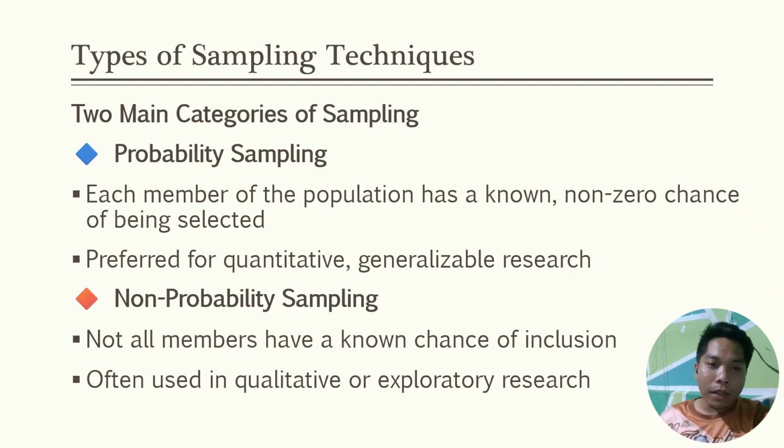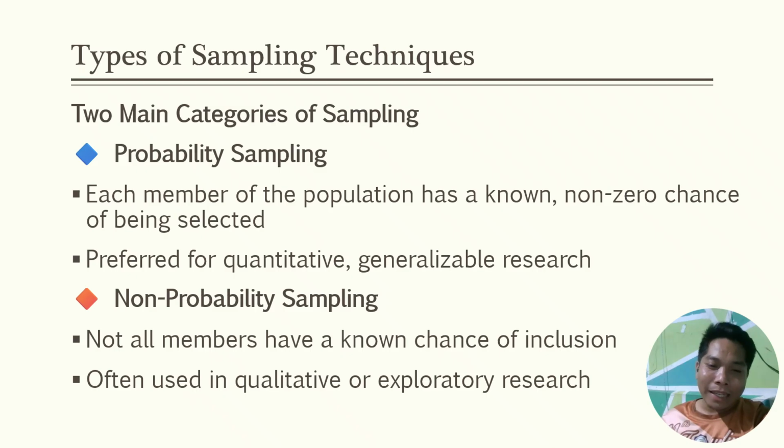On the other hand, non-probability sampling does not offer equal chances. Rather, participants are selected based on availability, purpose, or judgment. So not all members have a known chance of inclusion.